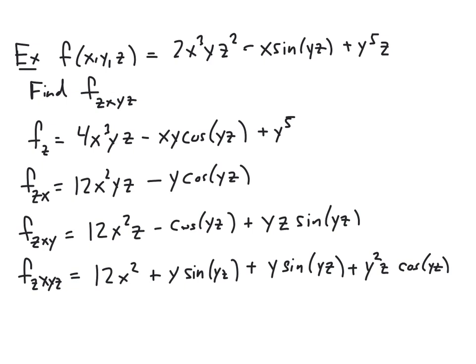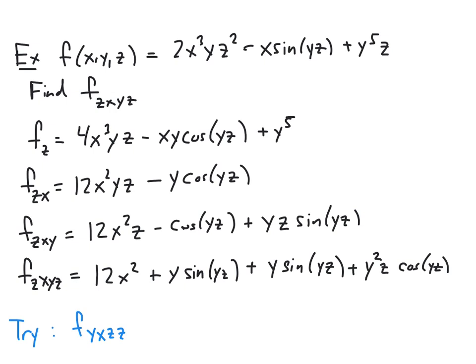And so if you want to try, I'd really encourage you to try this for the same function f. Try to compute the derivative f y x z z. All right, so it's still a fourth order partial derivative, just in a different order.